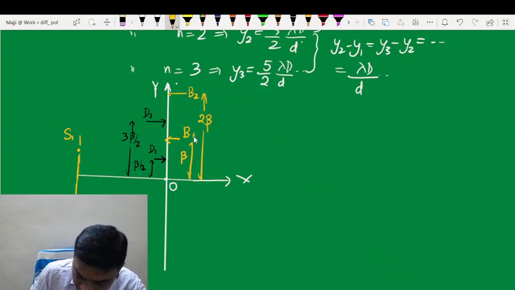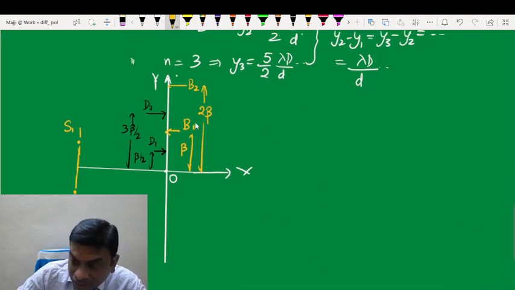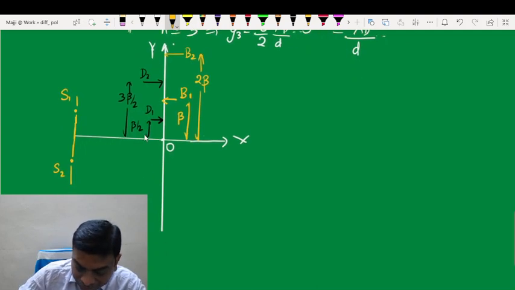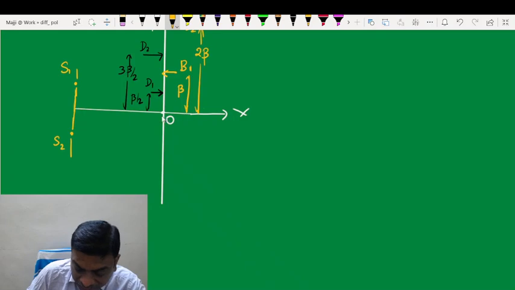Okay students. Now you can see that as you move from the central bright fringe, the first thing you will encounter is a first dark fringe. This is the position corresponding to first dark fringe. Then as you move away and away from the central bright fringe, you will be encountering the first bright fringe, then the second dark fringe, then the second bright fringe and so on. Similarly, as you move down the central line, same thing will happen.